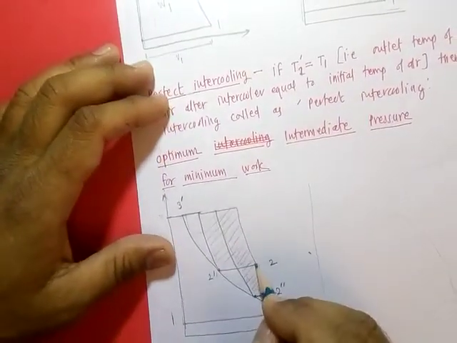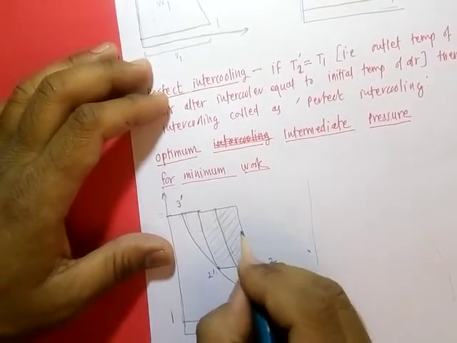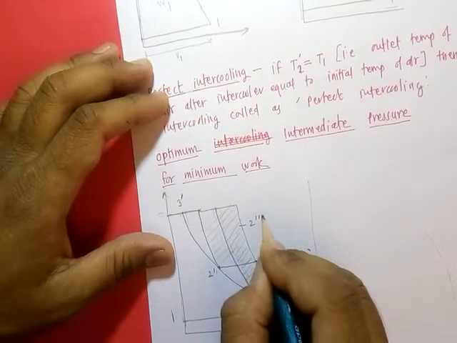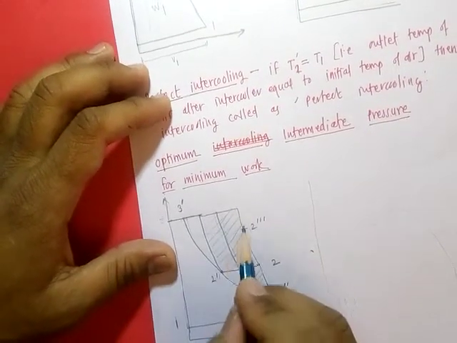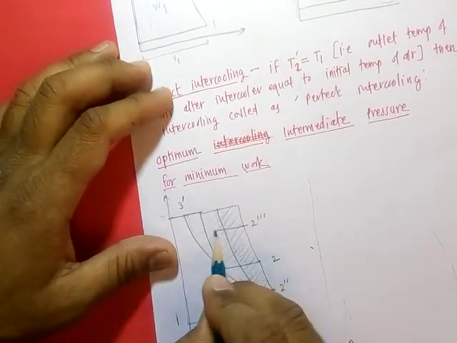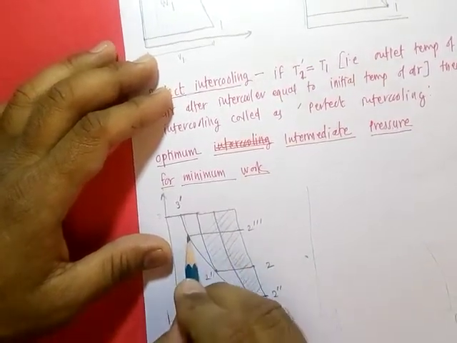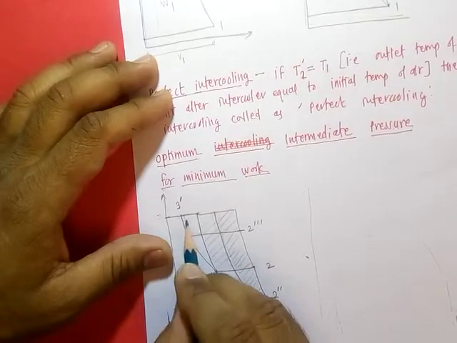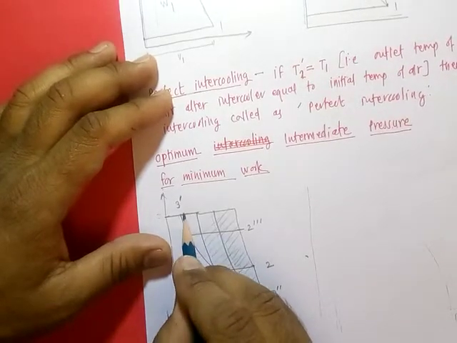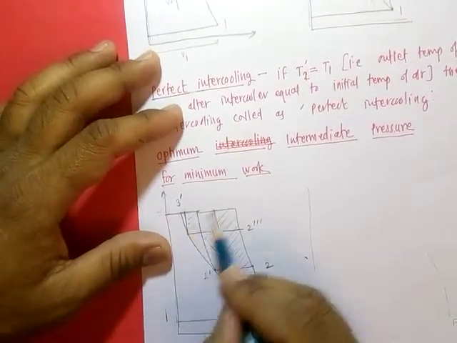If you consider that instead of 2 we have intermediate pressure 3 double dash, then with perfect intercooling the outlet will be at this point, and then compression, and the work saving will be only this much.